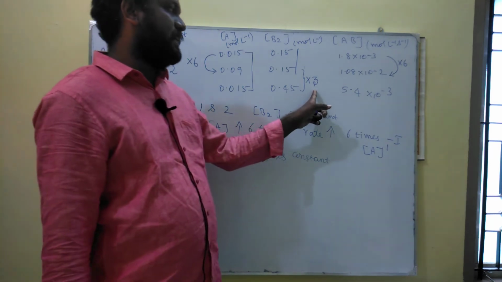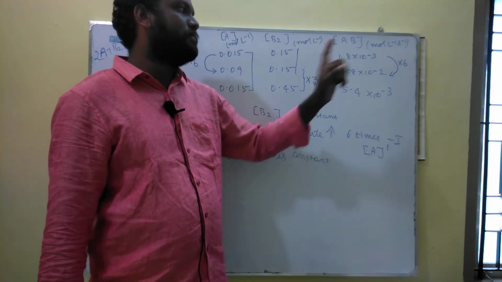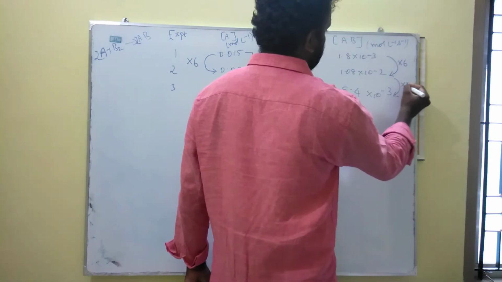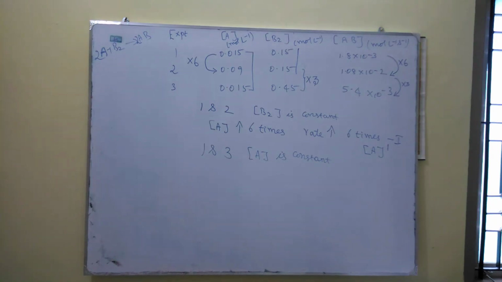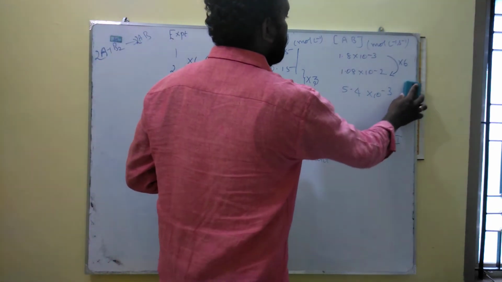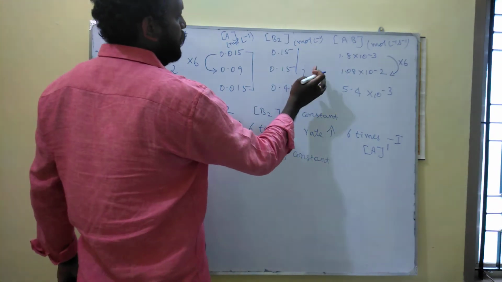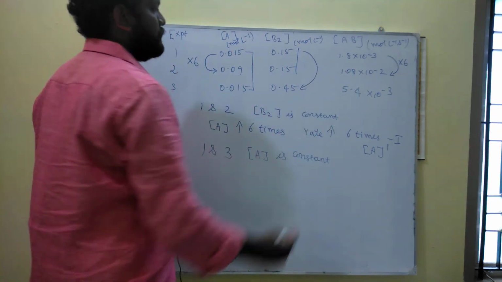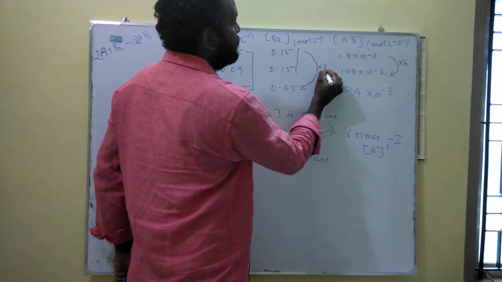Consider the rate from 1.08 into 10 power minus 3 to 5.4 into 10 power minus 3. Here it increases 3 times. So now compare 1 and 3. Here A is kept constant, and B2 goes from 0.15 to 0.45, a 3 times increment observed.